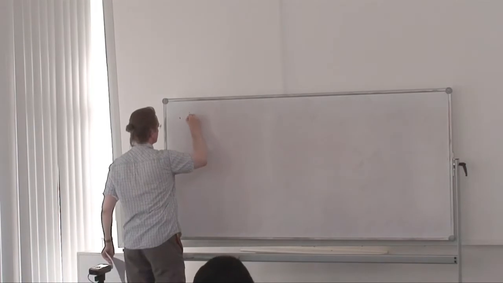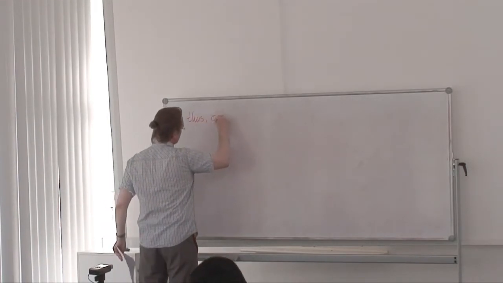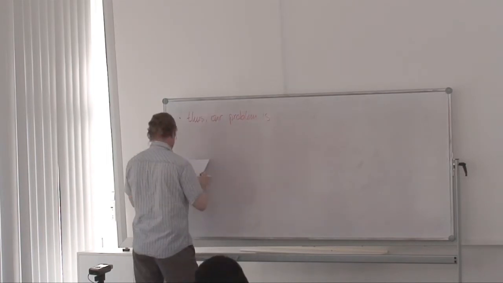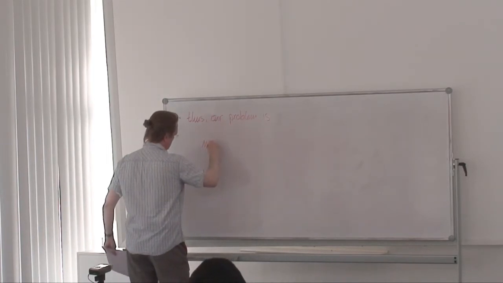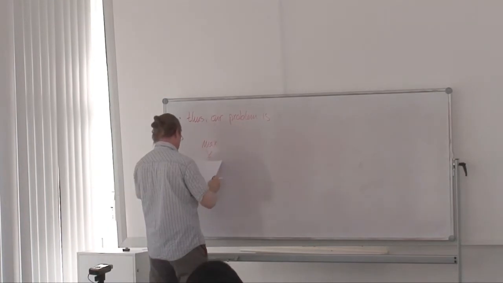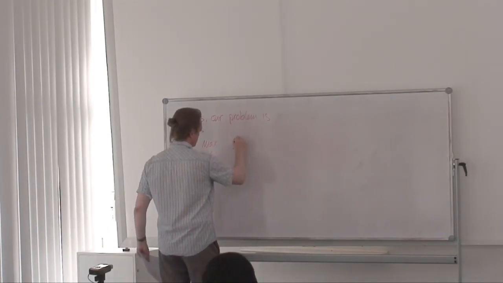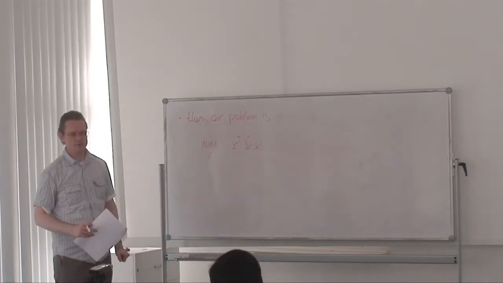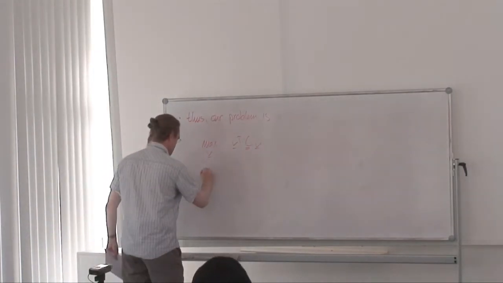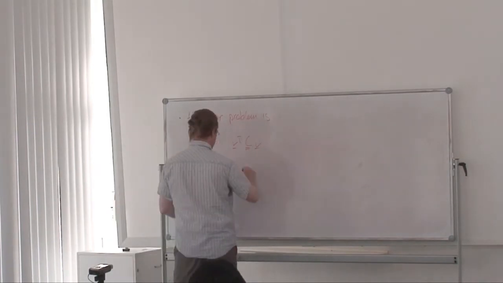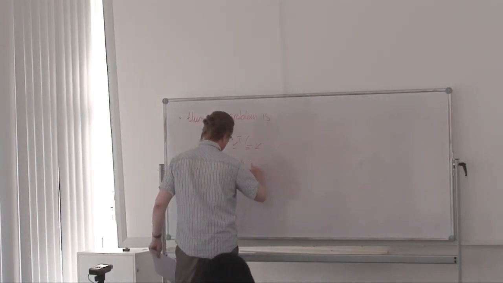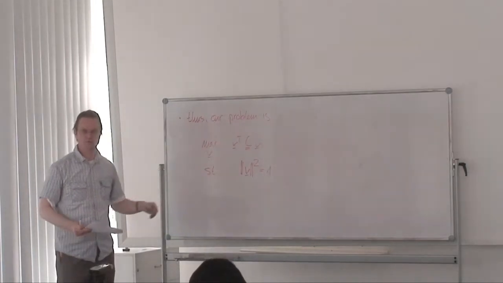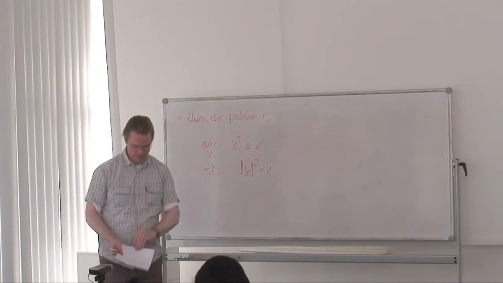So thus our problem is to maximize over all vectors v this expression v transposed times C times v, such that the squared norm of v is 1. So it's still an equality constraint, I'm just writing it in a different way.